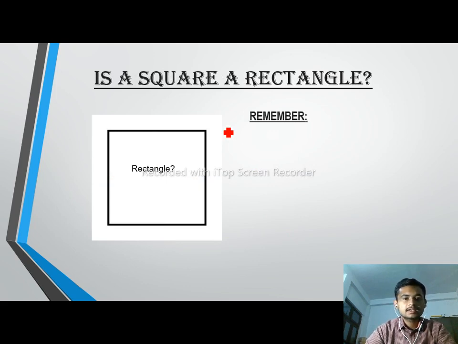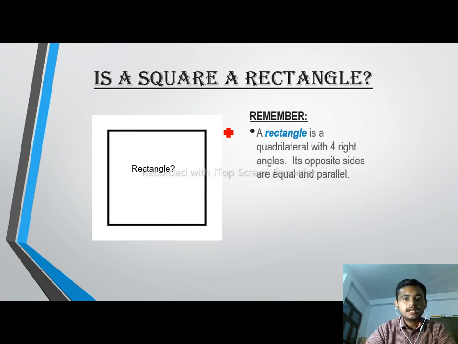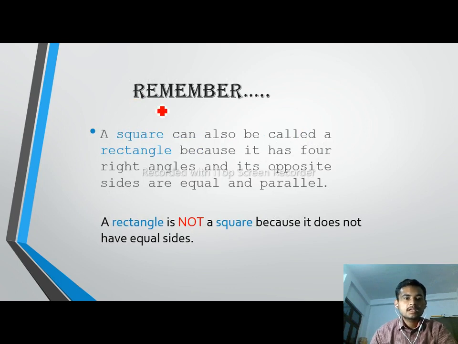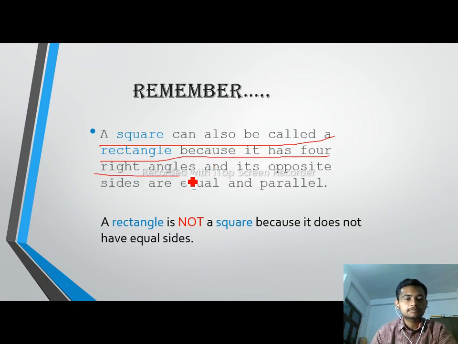Now let's see, is a square a rectangle, or is a rectangle a square? Remember, a rectangle is a quadrilateral with 4 right angles and opposite sides equal and parallel. A square is a quadrilateral with 4 sides and 4 right angles. A square can also be called a rectangle because it has 4 right angles, and all its 4 sides are equal.